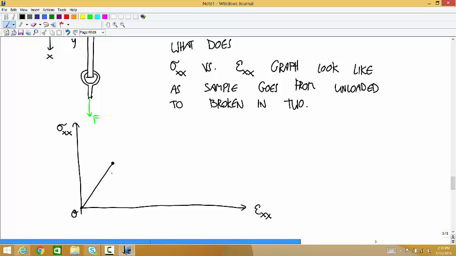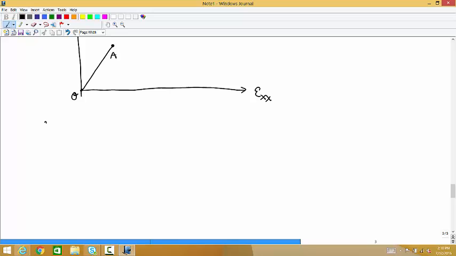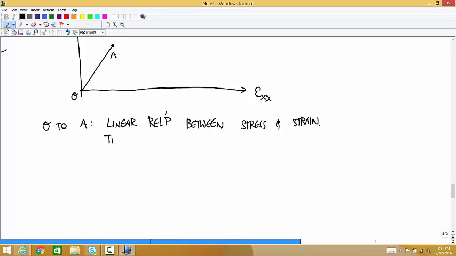I'll call this point A. And as we go from the origin to A, you can see there's a linear relationship between stress and strain. This is the linear elastic region.